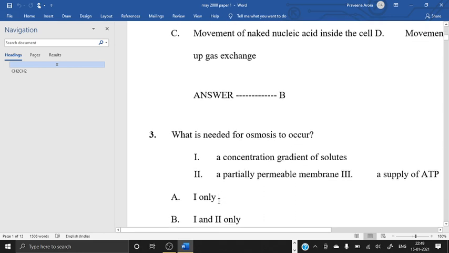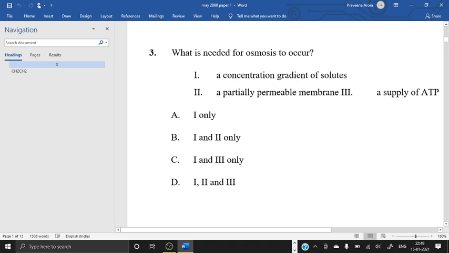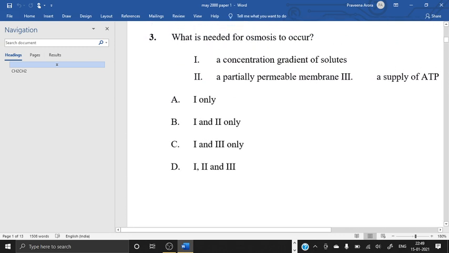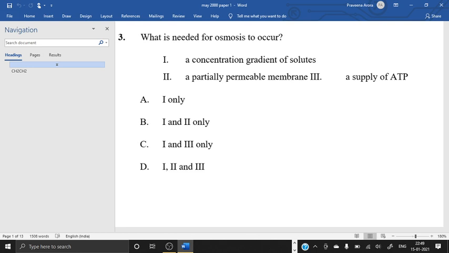Now the third question is, what is needed for osmosis to occur? Answer over here is B, that is 1 and 2 only, meaning a concentration gradient of solutes as well as a partially permeable membrane.